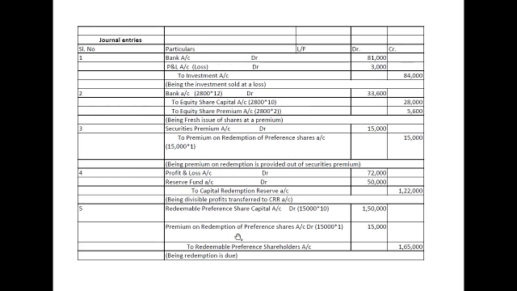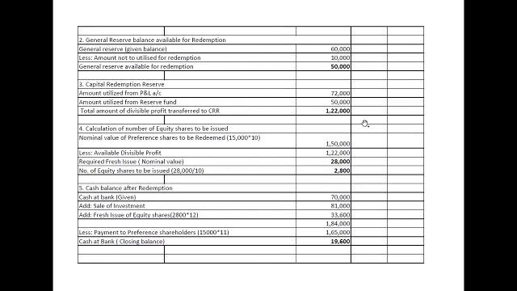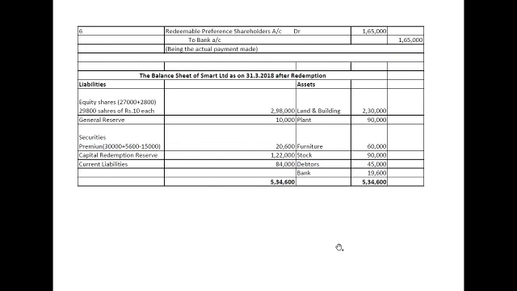The last journal entry we passed here, the sixth one, redeemable preference shareholders account debit to bank account. So 1,65,000 should be deducted, so that ultimately the closing balance after the redemption, the position of the cash at bank, you have 19,600. So that gets written in the balance sheet after the redemption.